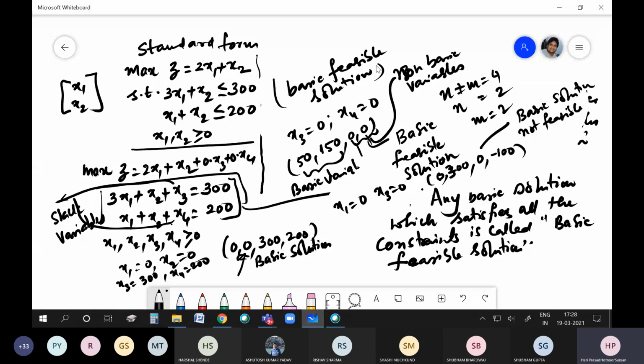Among all the basic feasible solutions, one of them will give the maximum. The simplex method starts from one initial basic solution and moves to the next basic solution in such a manner that the objective function increases as we move from one solution to the other. How we have to move to reach the maximum, I will explain now.